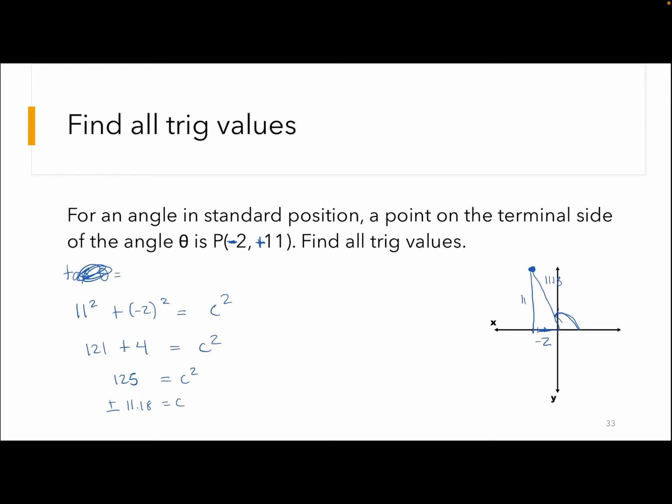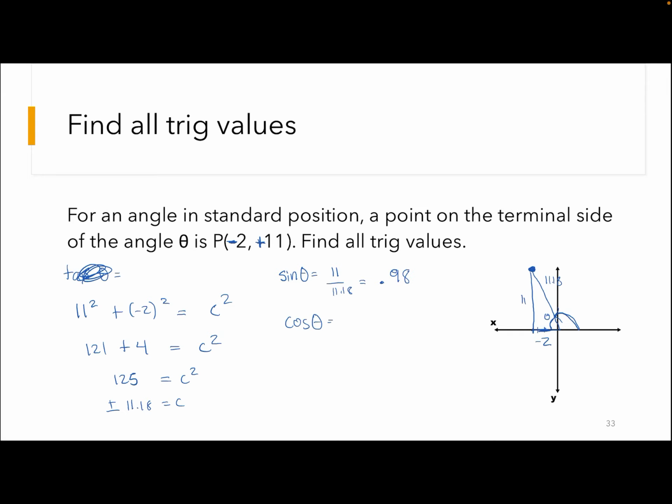So now the sine is the distance the point is above the x-axis. Going back to our trig days, since we're not on the unit circle anymore, we can also say this is our theta. So we get opposite over hypotenuse. The sine of theta is 11 divided by 11.18, which is 0.98.